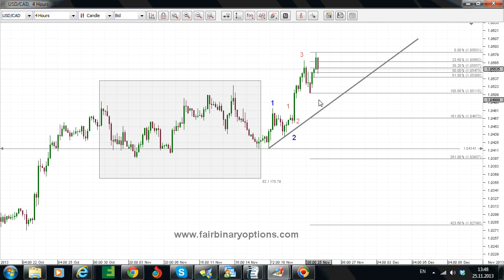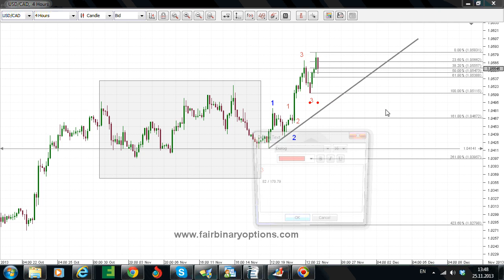Now this fourth wave is most likely not done, or if it is done here, the extension might be already in place, but I would suspect there is something like A, B, C, D, E, and then price to try for another high. Anyways, for the sake of our analysis here, it doesn't really matter.